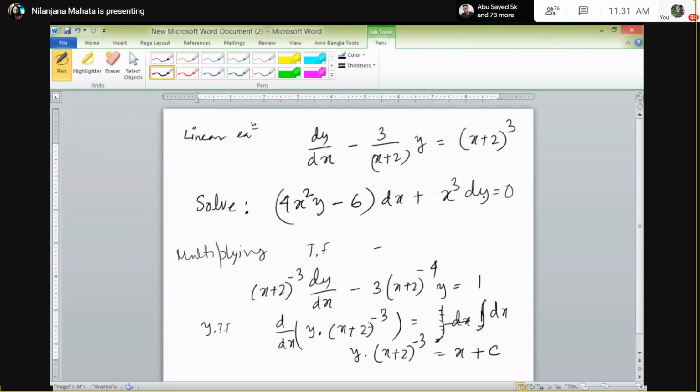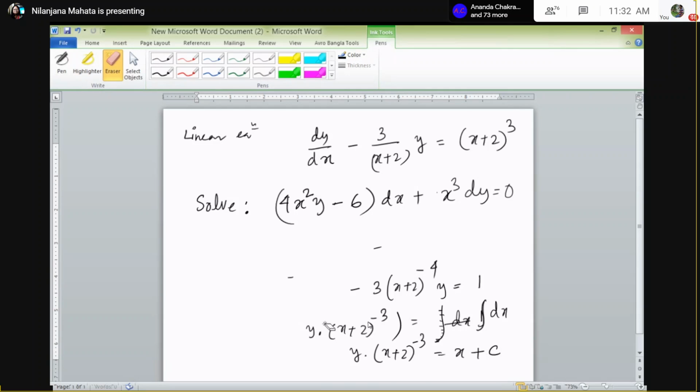Okay, solve. You first write it in the form of this linear equation and solve, and then tell me. What I am telling you is solving in this process, but otherwise you are free to solve any differential equation by any rule you know.